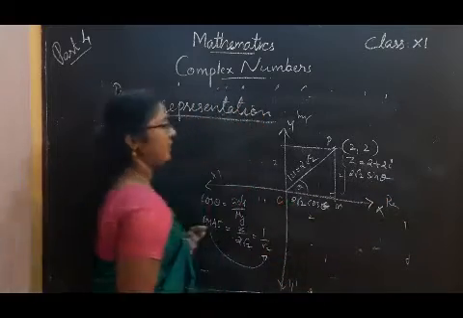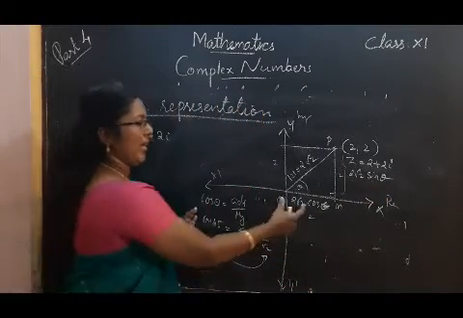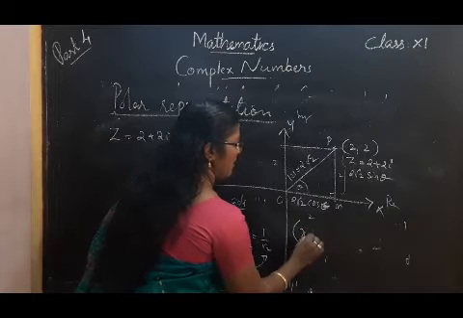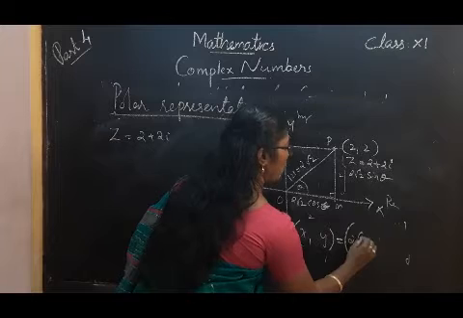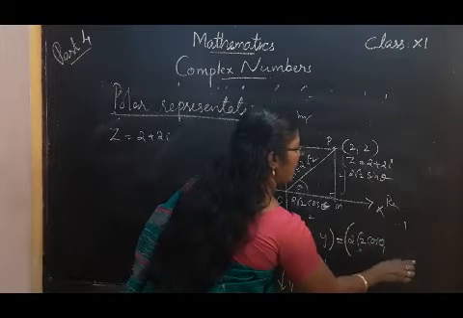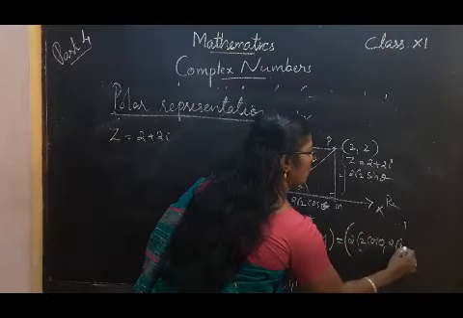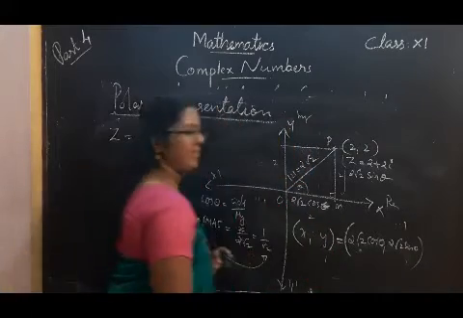So we can write the x coordinate as 2 root 2 cos theta and the y coordinate as 2 root 2 sin theta.